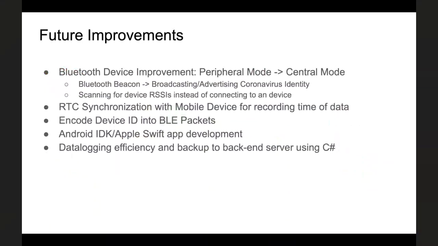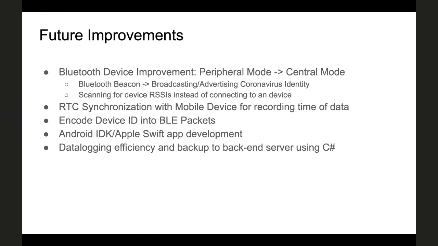For future improvements, we would like to remove our main constraint by using a central mode Bluetooth module as opposed to the peripheral mode Bluetooth module in our kit. The central mode Bluetooth module has advantages of broadcasting and advertising data, as well as reading RSSI values without connecting to a device.